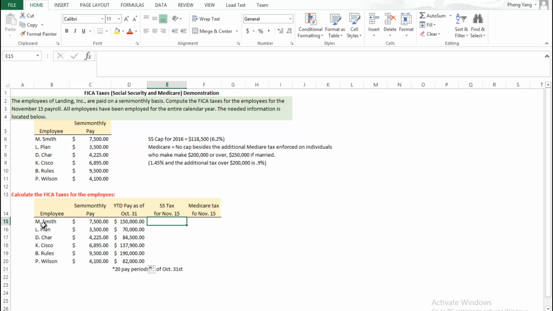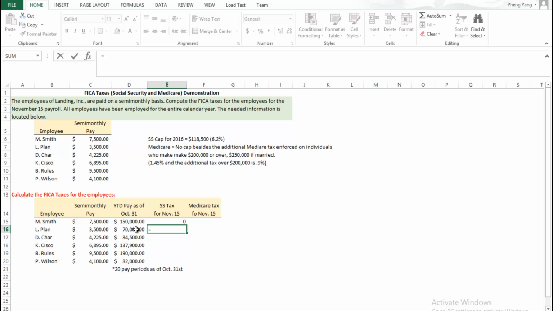So if as of today Smith made $150,000, he will have a tax liability of 0 for Social Security because $150,000 is over the $118,500. He's well above the cap. It's probably true that he hasn't paid Social Security for the last few periods now.